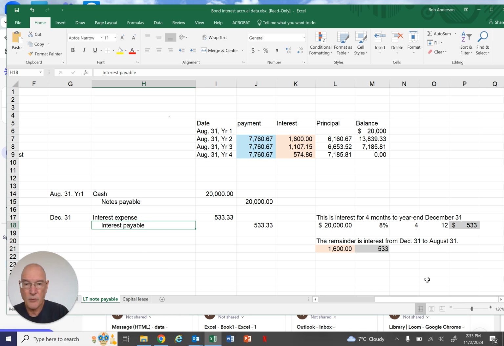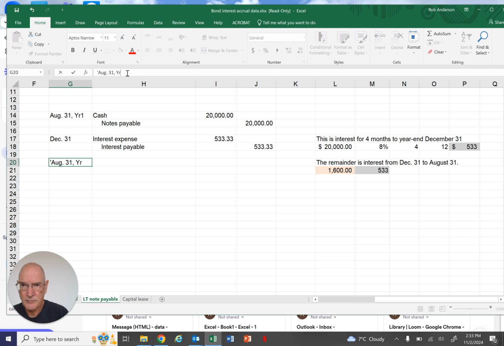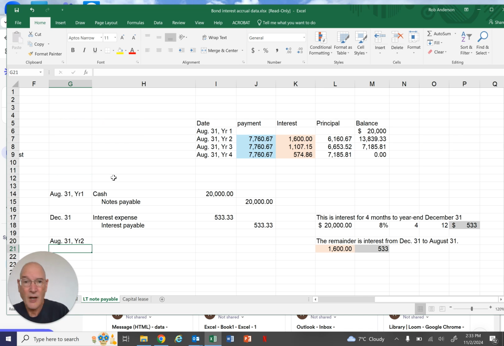So let's look at what happens then on August 31, year 2. Now, we have more interest expense.